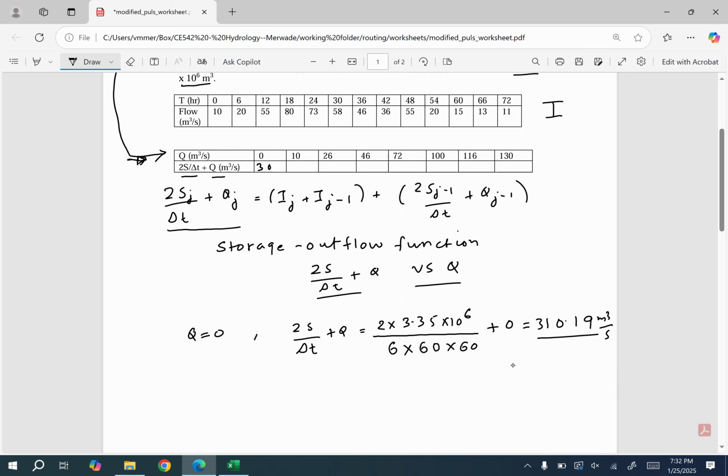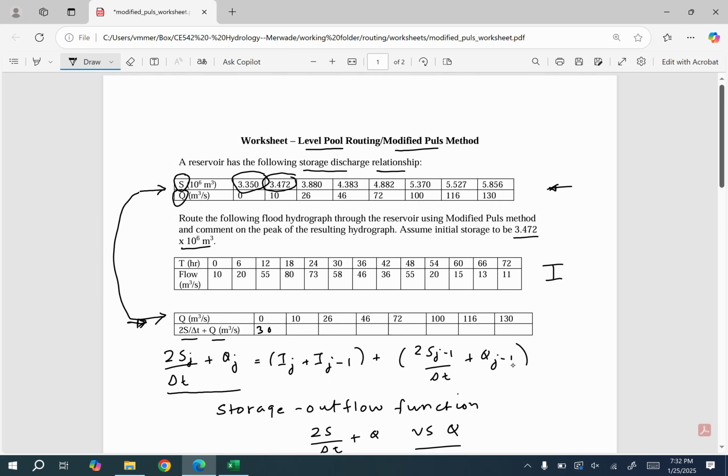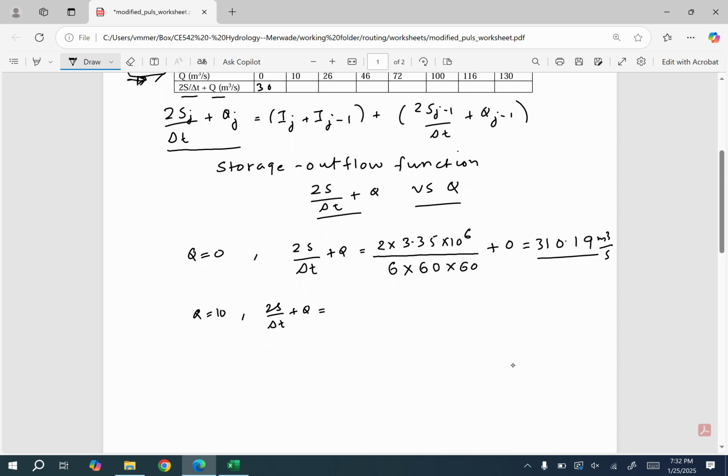So our next Q is 10. When Q is equal to 10, 2S over delta t plus Q is equal to, our S is 3.472, so I will use that 3.472.